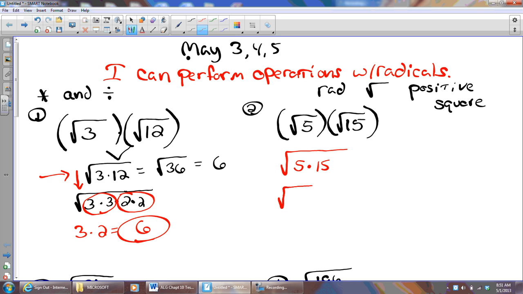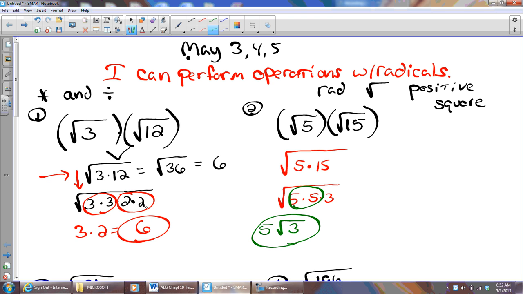So I'm going to break down the 15 because it's not prime into 5 times 3. And look at that, I've got a pair of 5s. They can go out on one date. The 3 doesn't have a partner. He's left at home washing his hair. So the product of rad 5 and rad 15 is 5 rad 3. Okay, an irrational number, but that's a simplified form of the answer.